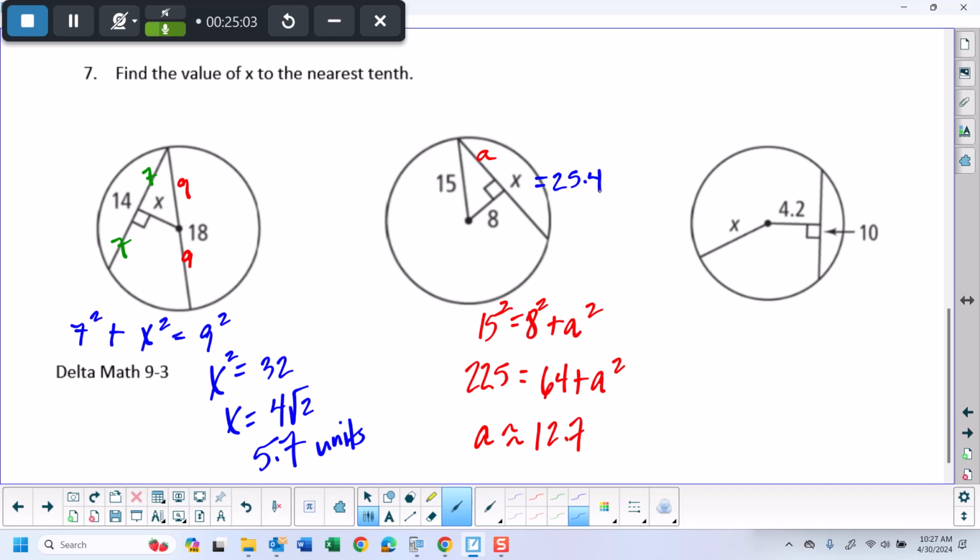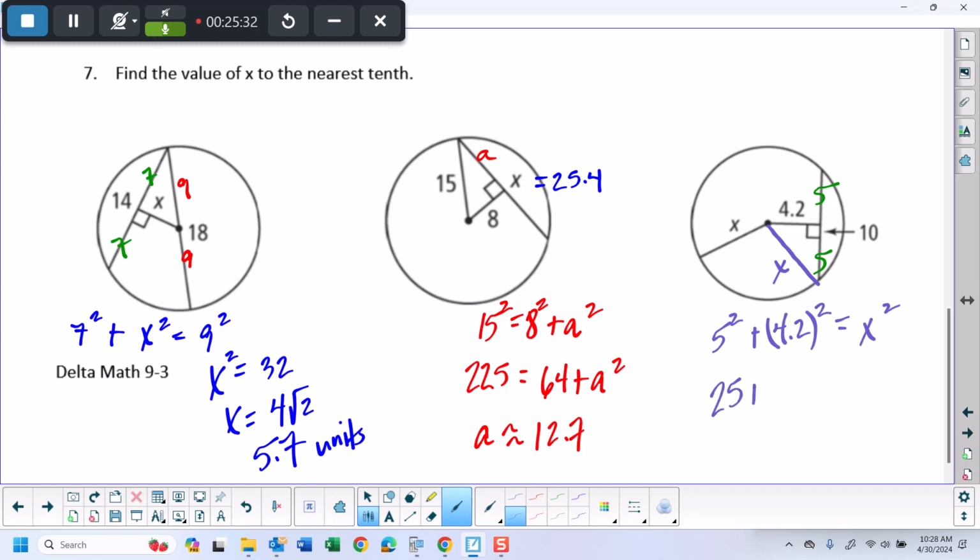All right, let's see what we can do here. Here we have what looks like a piece of the diameter. It's perpendicular. So this 10 is going to be 5 and 5. And they tried to mess you up by asking for the radius, but you're allowed to draw a radius wherever you want. So 5 squared plus 4.2 squared is going to be equal to x squared.